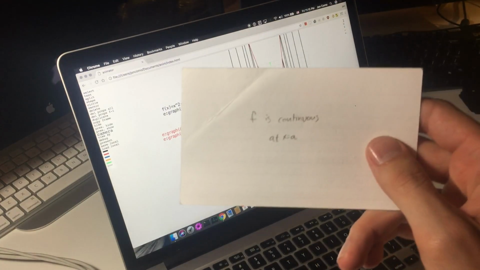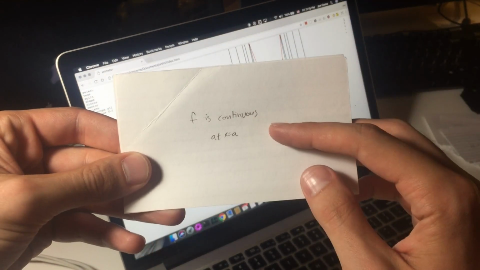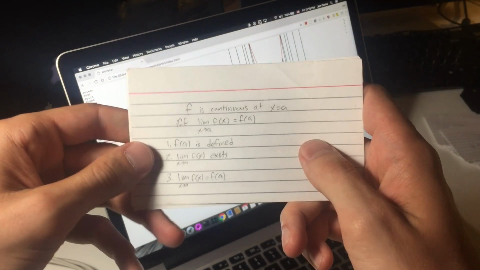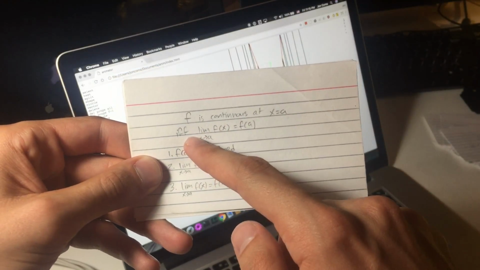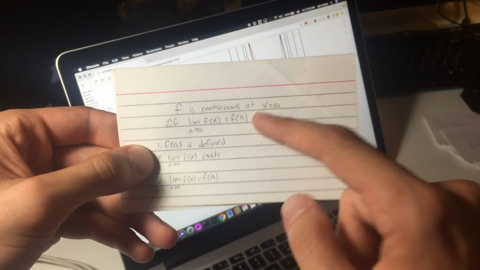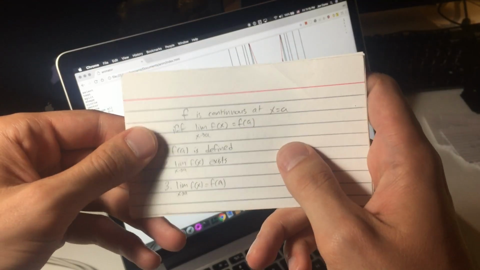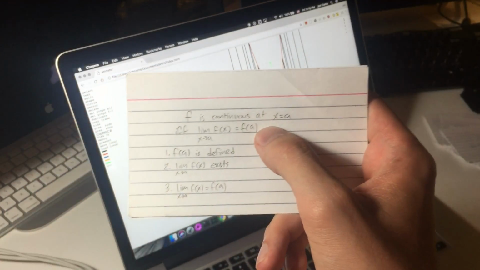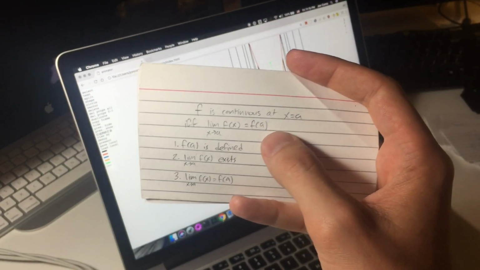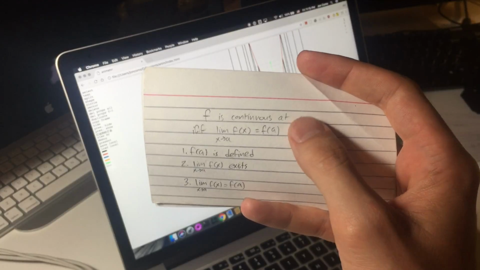Here's another use of limits. We can say f is continuous at x equals a. This is a definition of what continuous means, if the limit of f of x as x approaches a equals f of a. And so what is this telling us? Well, it's basically saying if we change the input of the function a small amount, the output should only change a small amount.